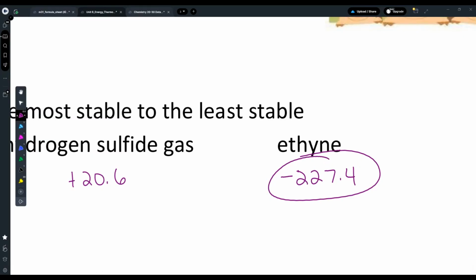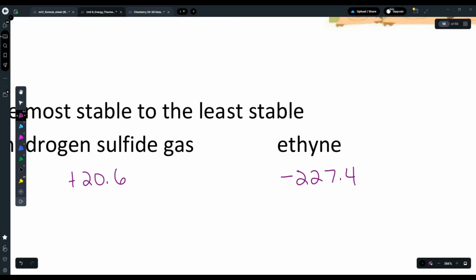Keep in mind that that negative 1,256.2 is for combustion of ethyne or acetylene. This is just for decomposition of ethyne. So there's two different reactions going on. That's why there's two different molar enthalpies, because they talk about two different reactions. Okay.